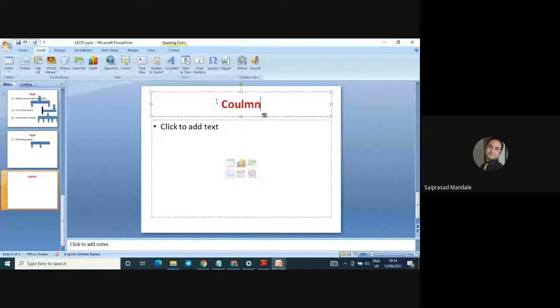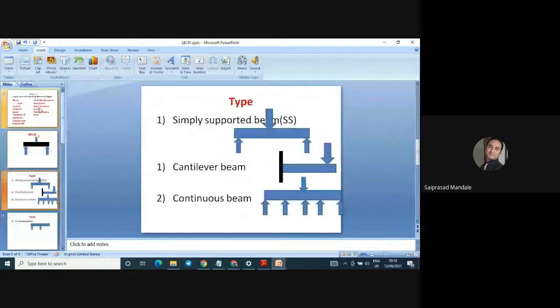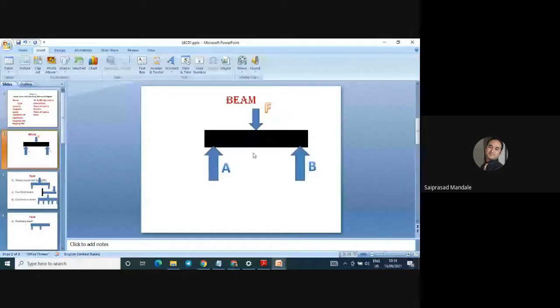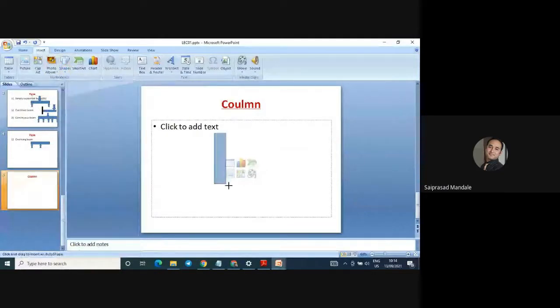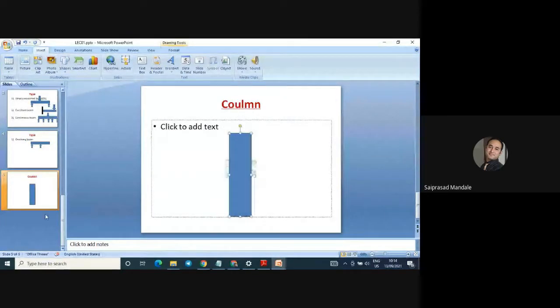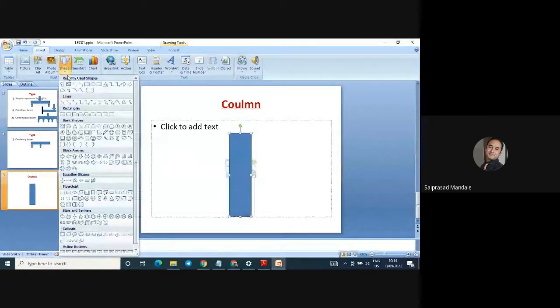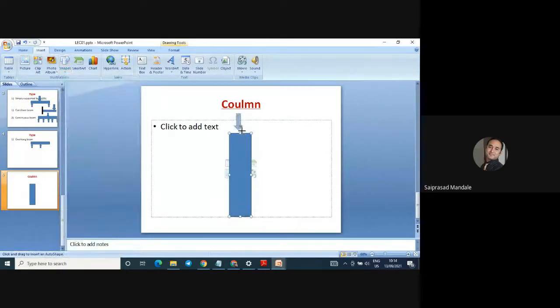As the beam is a horizontal structural member, in the same way, a column is a vertical structural member. As somebody has told me, I guess Divire has told, subjected to axial loading. So, exactly right. A column is a vertical structural member subjected to axial loading.